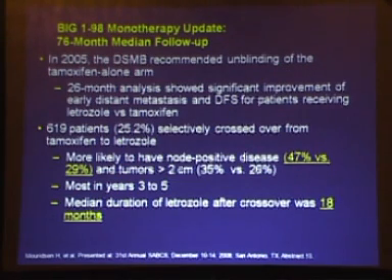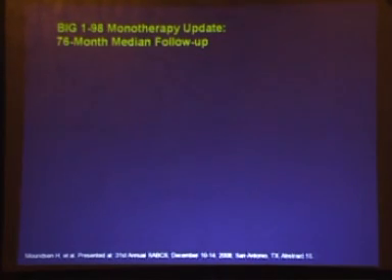What was done actually after the data I showed you at 26 months, 25% of the patients who were originally randomized to receive tamoxifen crossed over from the tamoxifen arm to the letrozole arm, which really complicated the statistical analysis. And these patients received this drug for an average period of 18 months within the 5 years.